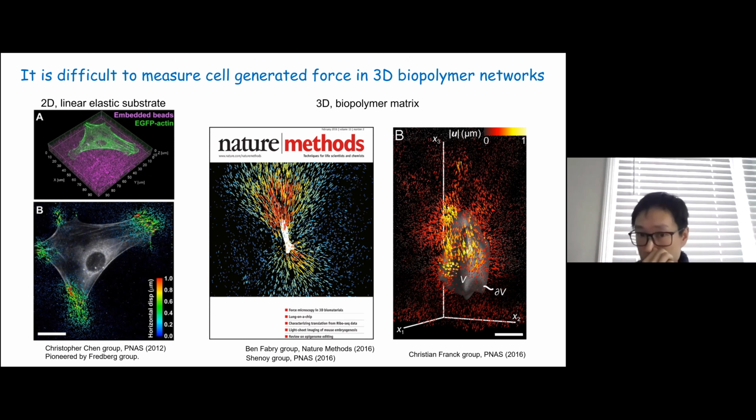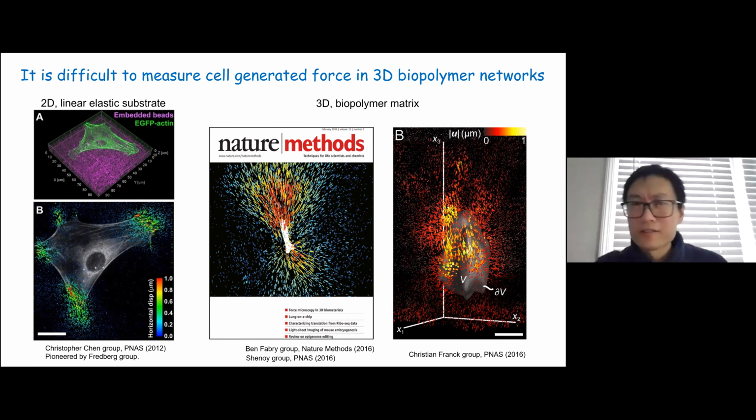And there are other people, Ben Fabry and Vivek Shenoy, who assume a constitutive relation for a biopolymer matrix, collagen or some others. And they again embed tweezers to measure the strain field, and then use the constitutive relation to calculate the stress field.